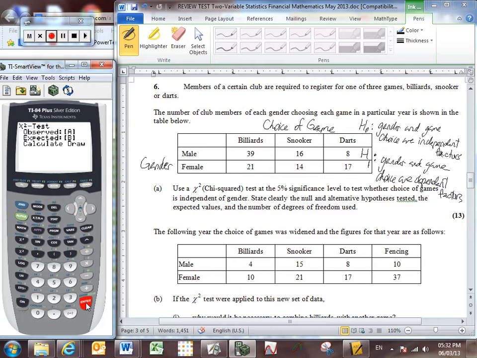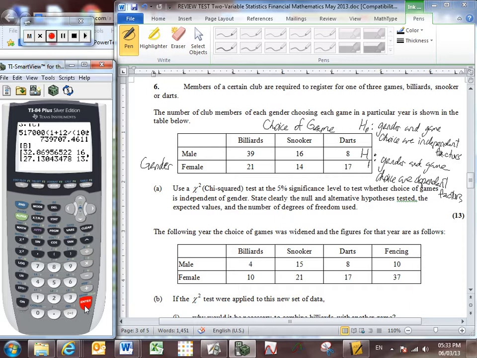And the observed values are matrix A. The expected ones will be spit out in matrix B once I've done this chi-squared test. Calculate. Alright. So let's have a look at matrix B for a moment so that I can write that down, because those are my expected values. So I'm going to look at the matrix named B.